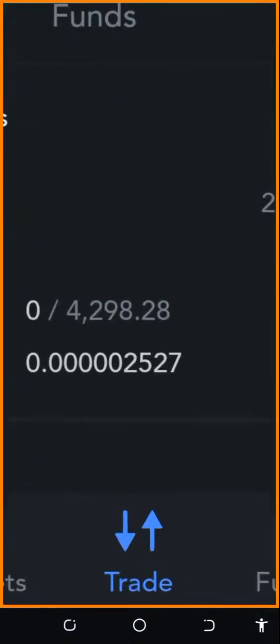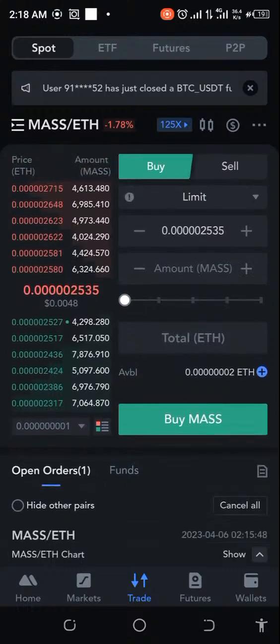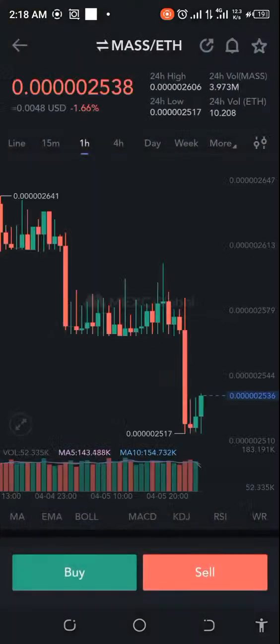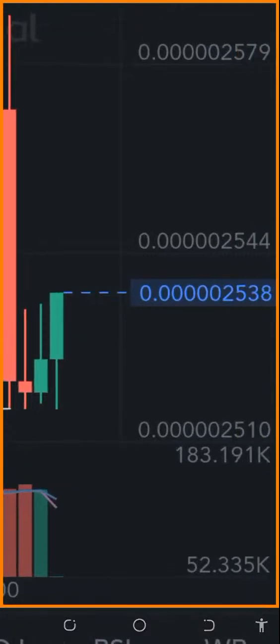What we wanted to buy, we bought it at 2527. So this has to go down to 2527. The price is currently 2535, so it has to go down to 2527.